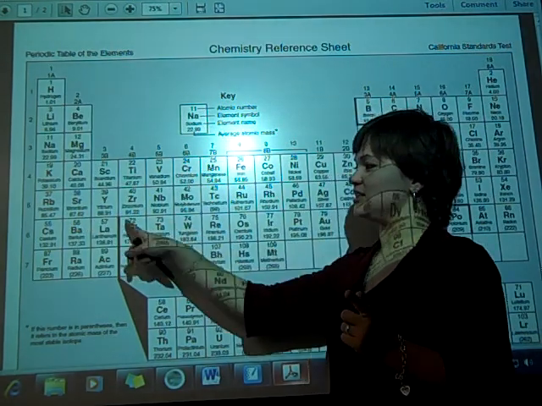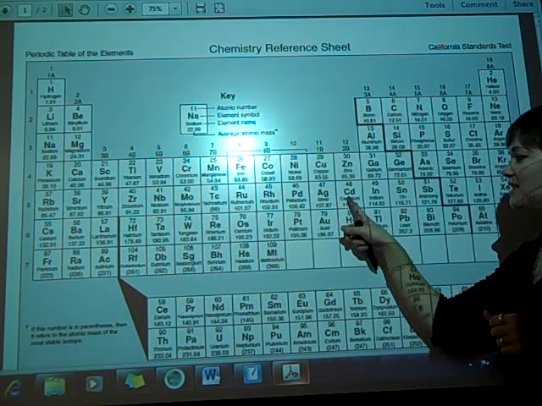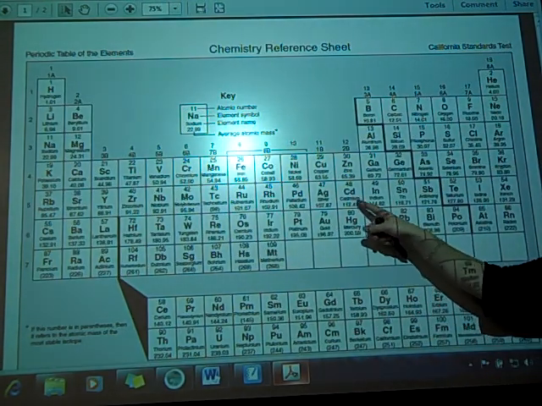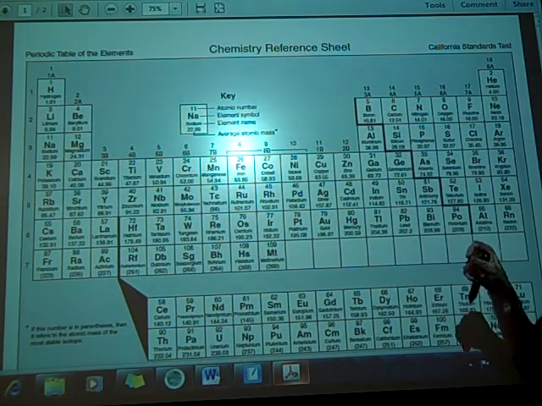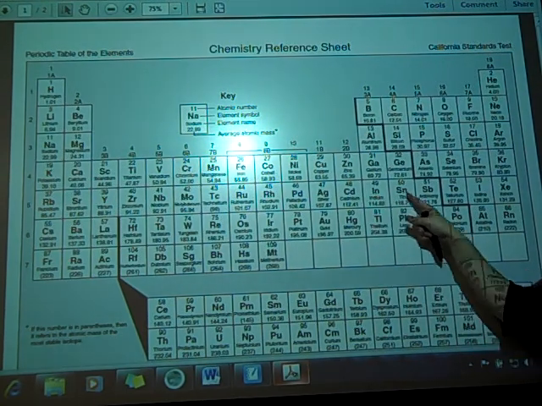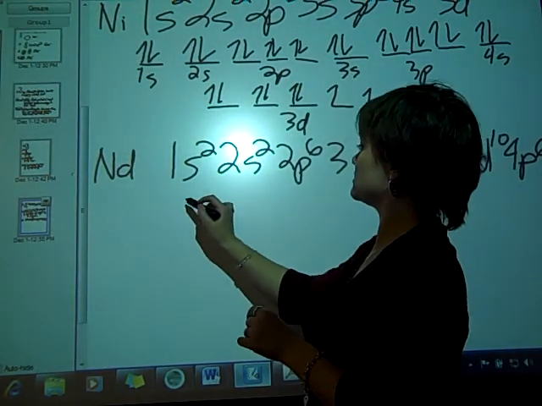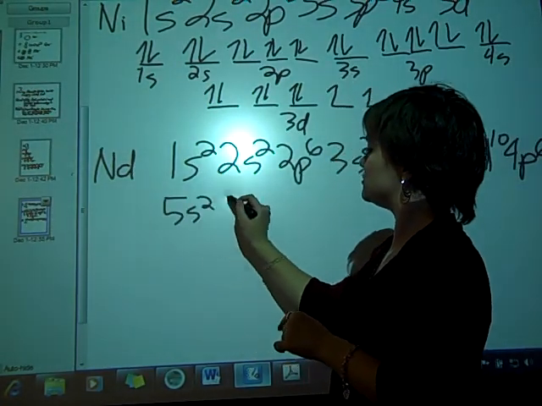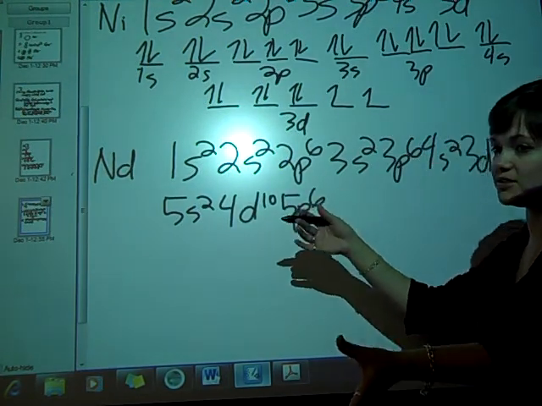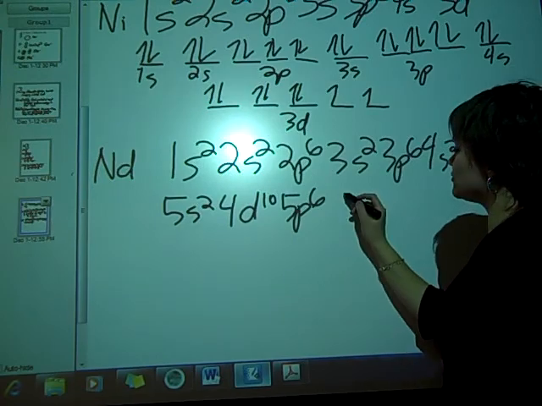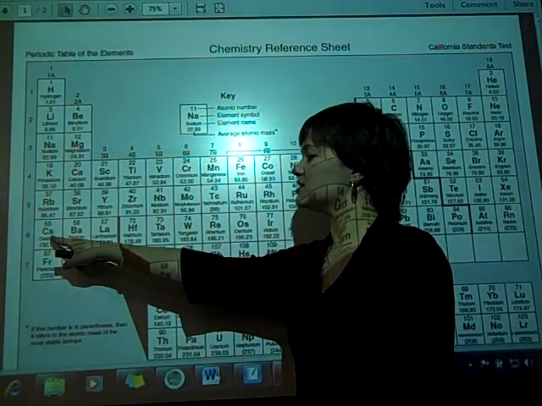After 5s, D block, D's drop 1, 4d10. After I finish the D block, back to the P. Nothing screwy about the P, so back to 5p6. What do I have next? 5s2, 4d10, 5p6. After 5p6, ran out of real estate, off to 6s2.